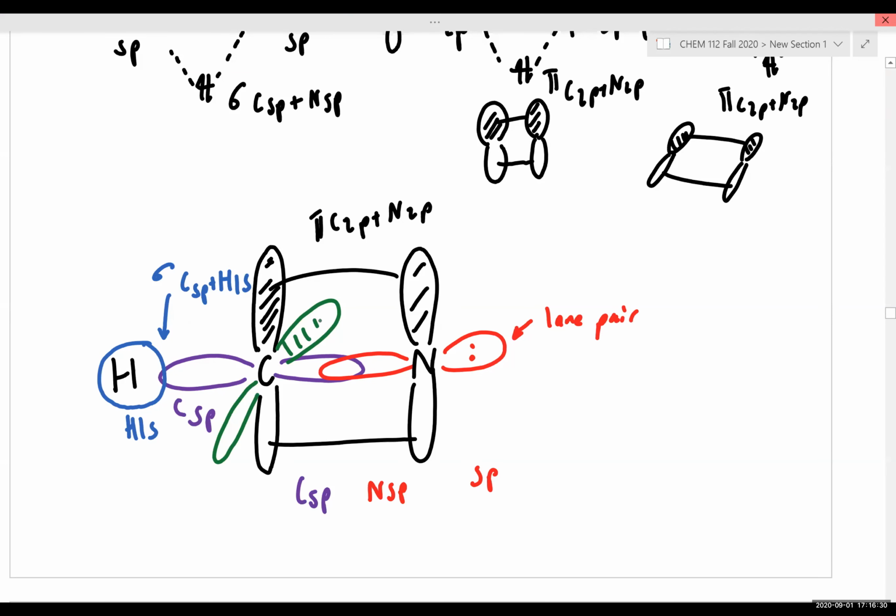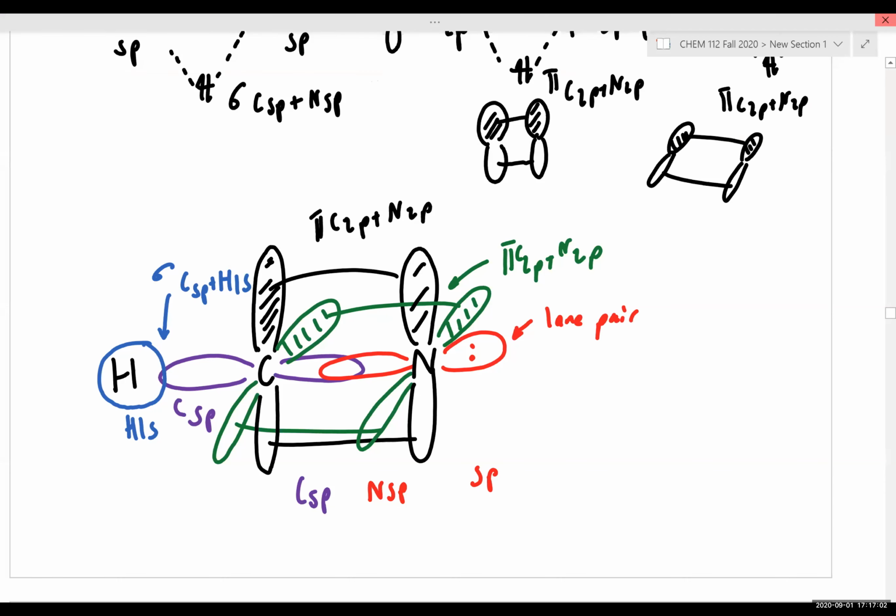The only distinction being that this time our p orbitals are on the horizontal axis. So our overlap occurs on the horizontal axis. So this is our second pi bond. As we notice, our two pi bonds are perpendicular to each other in three-dimensional space. This will be important later on.